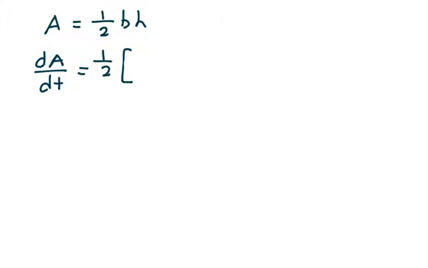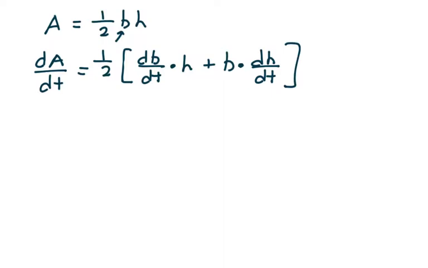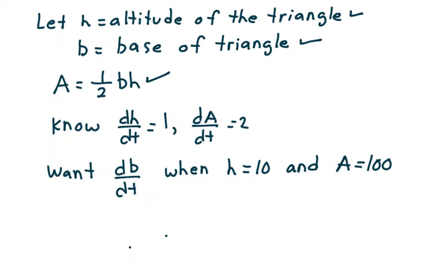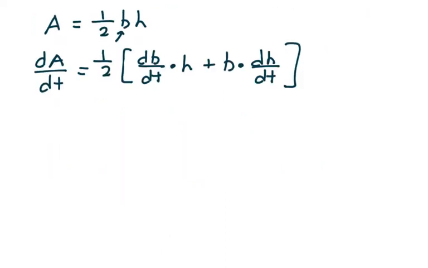So I'm going to take the derivative of b, which is dB dt, and I'm going to multiply by h. And I'm going to add b times dH dt. Okay? Now, we want dB dt.